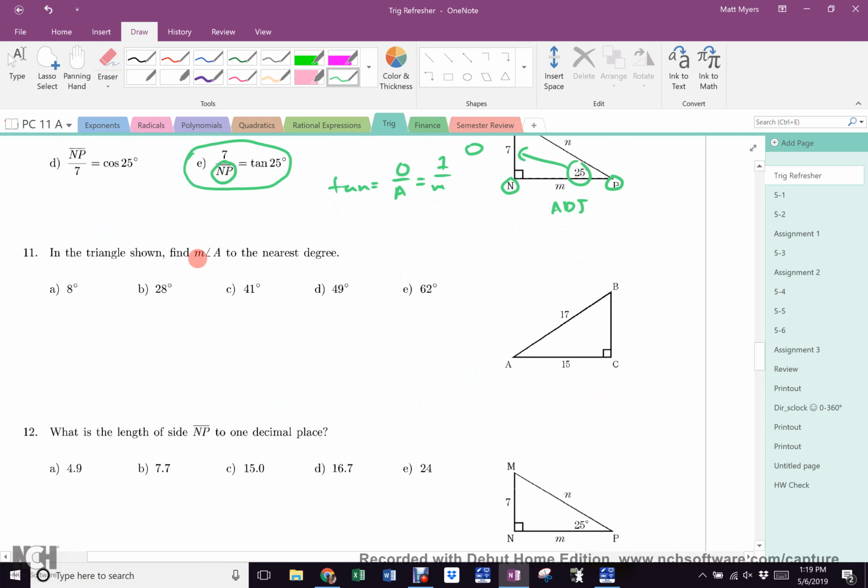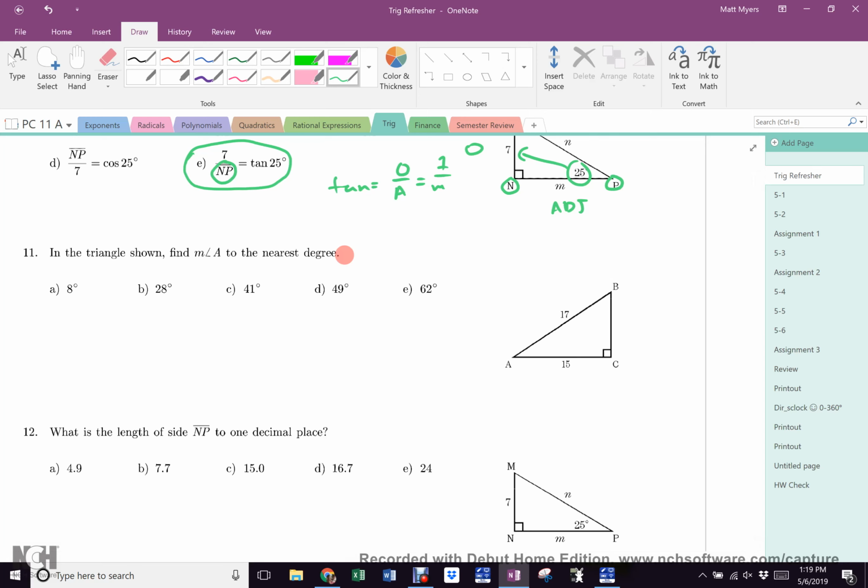Find the measure of angle A to the nearest degree. What must you use? Sine, cos, or tan? Cos. And it is?